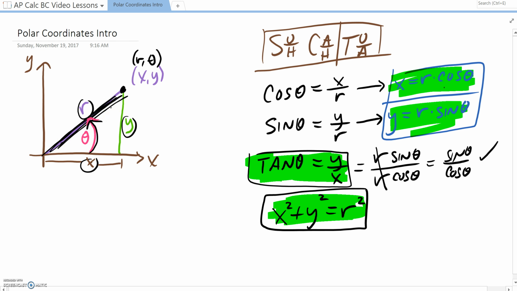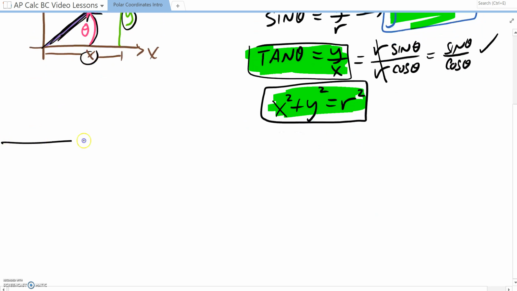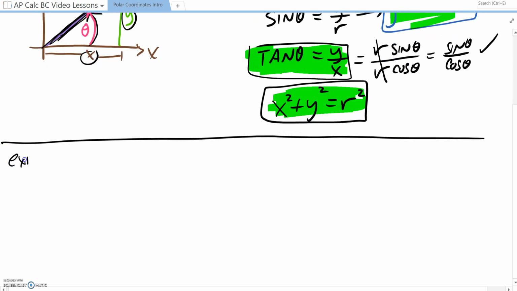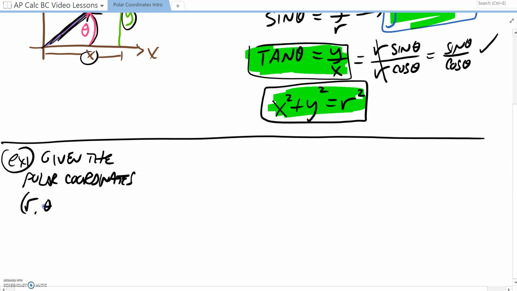So let's go ahead and do a few examples of this, starting with, let's see, the directions are given the polar coordinates. And I'll even just write r comma theta here so you can see that one more time.